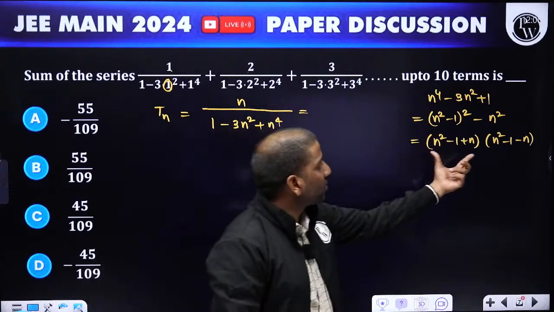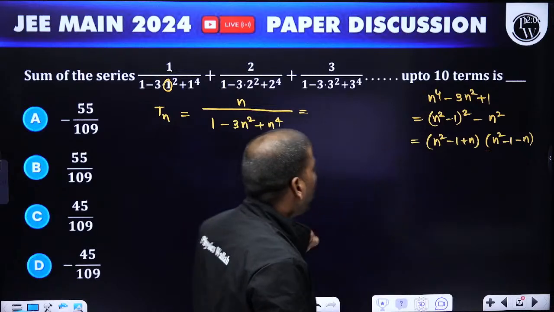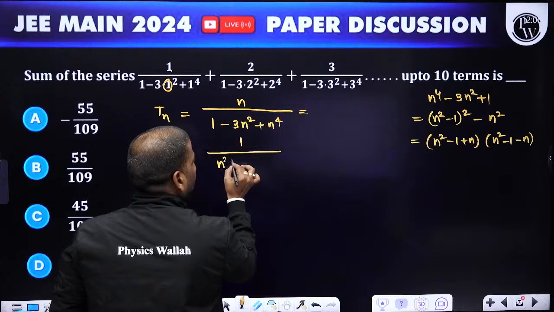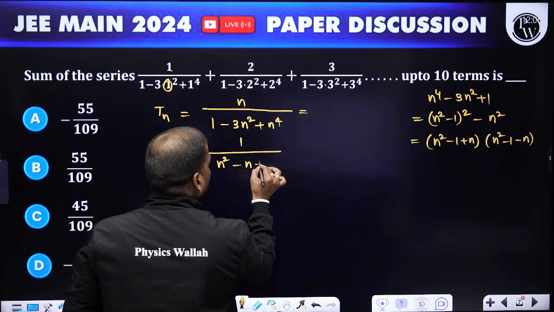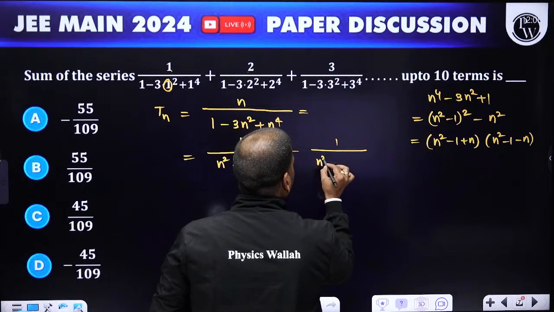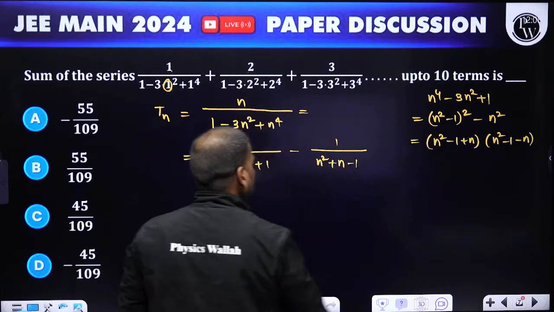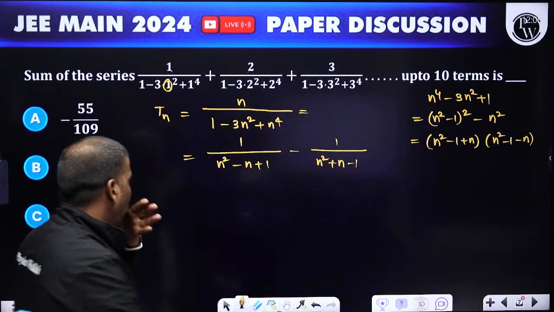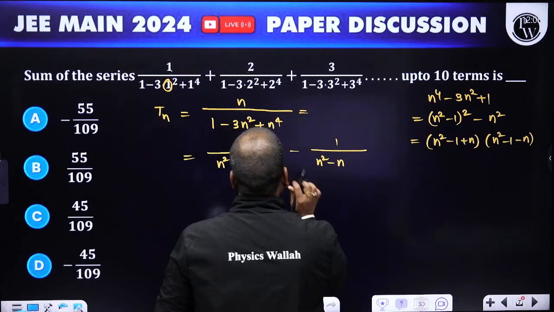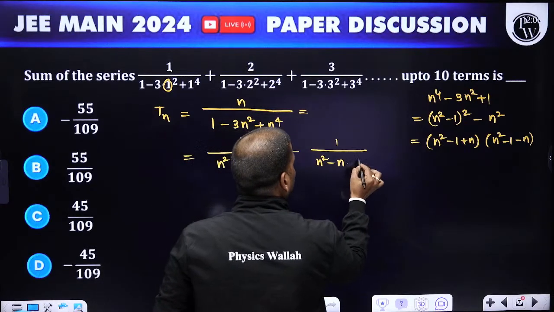Now what is the difference of these two terms? N square minus 1 will get cancelled, right? Only 2n. So that's the way we follow here, 1 by n square minus n plus 1 minus 1 by n square plus n minus 1. Let us write in reverse, this is a plus 1 and here minus 1, and this is minus 1.